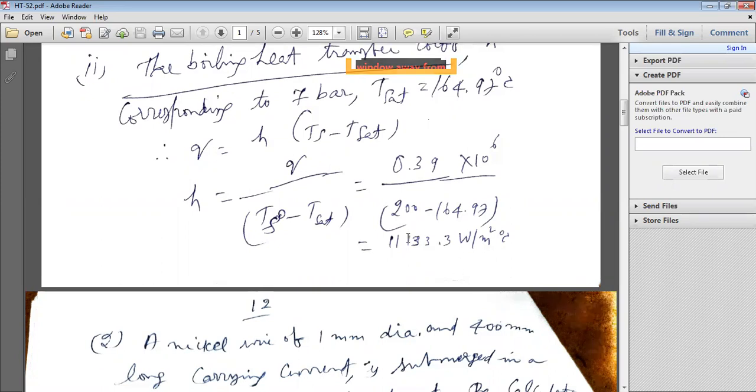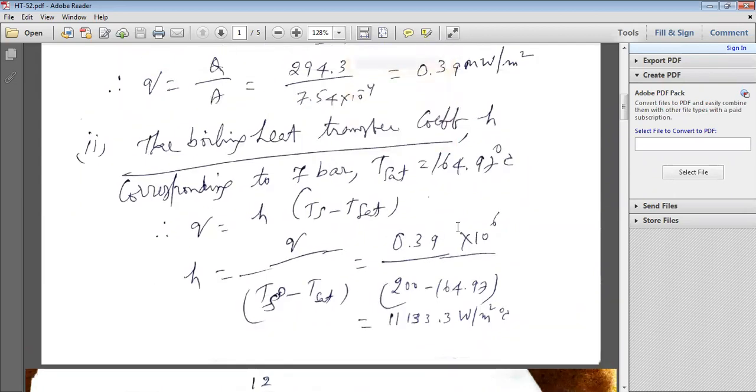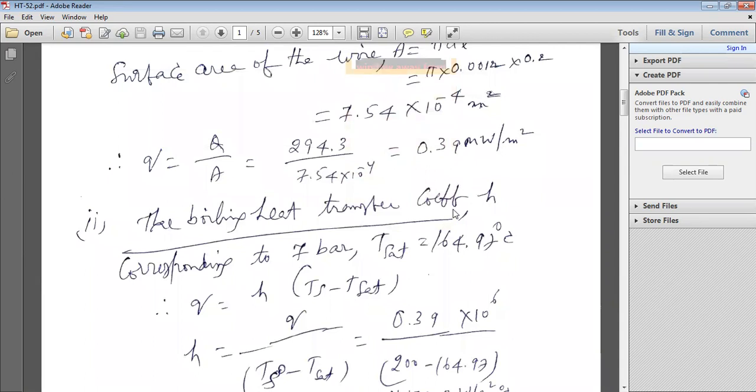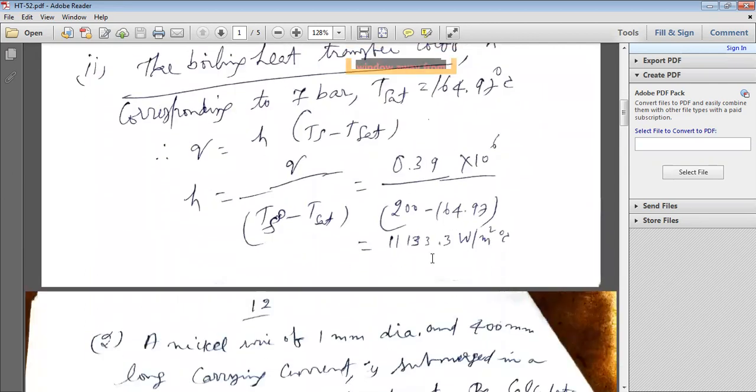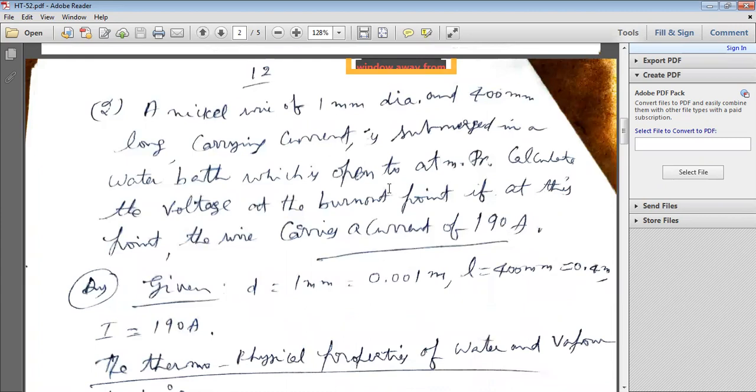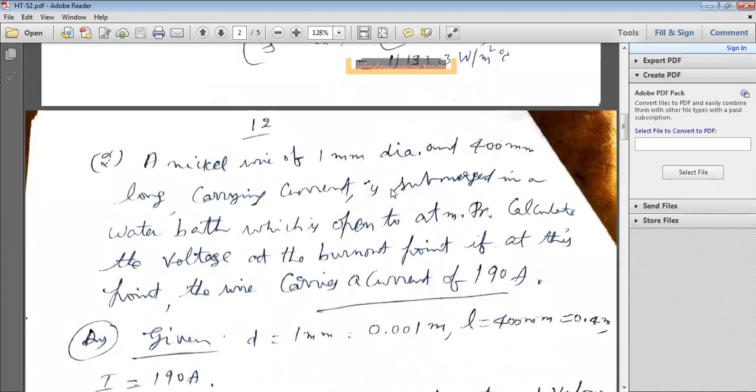But in boiling and condensation, the heat transfer rates as well as the heat transfer coefficients are large compared with free convection and forced convection. So like that, you can solve the problems under boiling. If you know the concept, it is very easy.